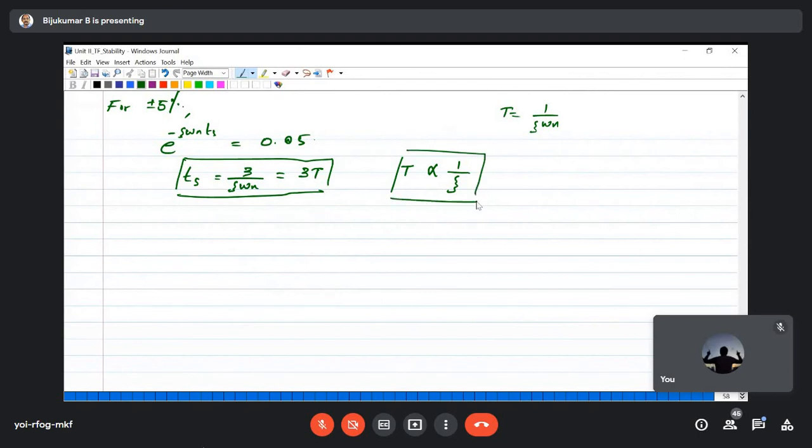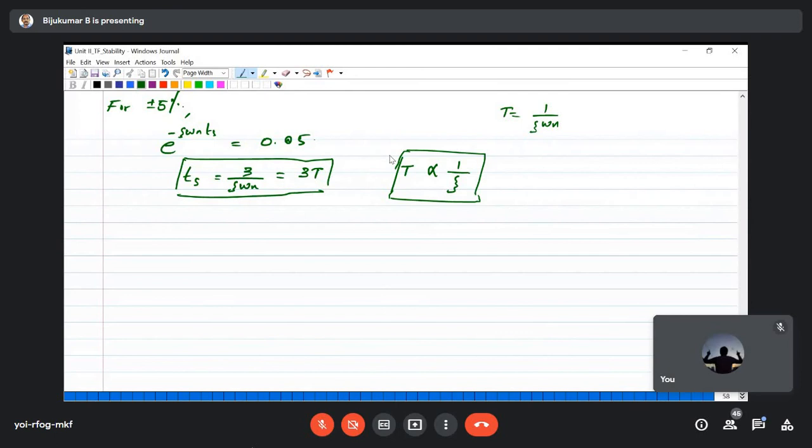The time constant will decrease if you increase zeta. Clear? So these are the important parameters of our first order system and second order system, which you keep in mind. Now we will do some numerical exercises regarding this.